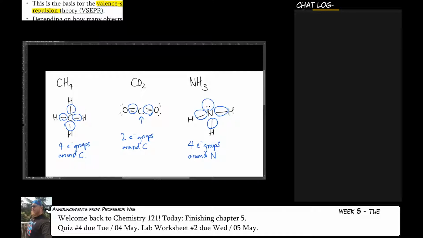All right, so hopefully counting the number of electron groups helps you understand what electron groups are, because it's really common to miscount these or count everything that looks like electrons around the entire molecule. You only want the central atom, and any location that has electrons counts as an electron group. So a single bond is 1 electron group. A double bond is also 1 electron group. A triple bond would be 1 electron group, and an electron pair would be 1 electron group. Each of those is 1.